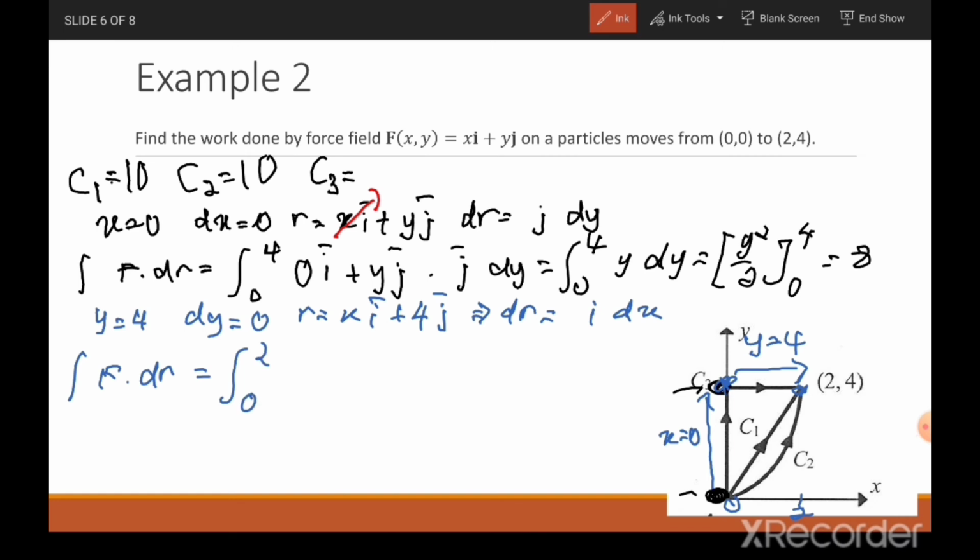So interval is between 0 and 2. Okay, xi plus yj.